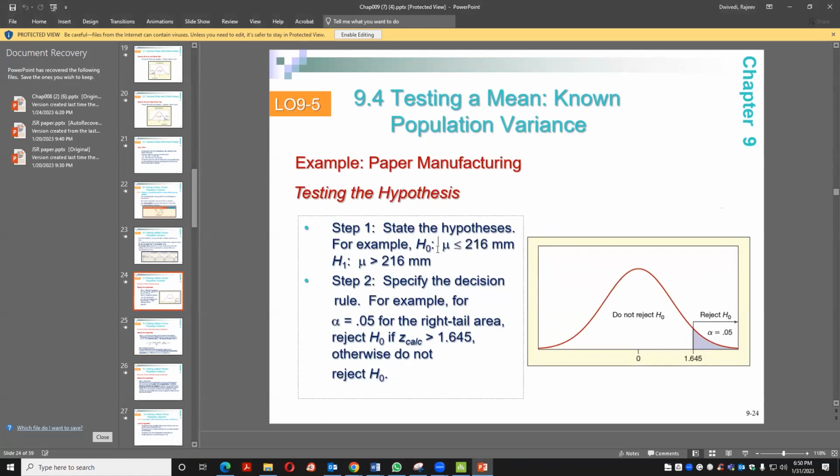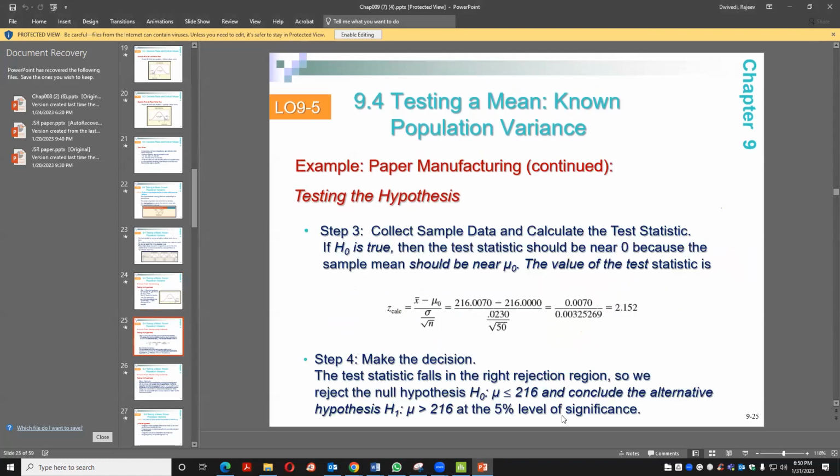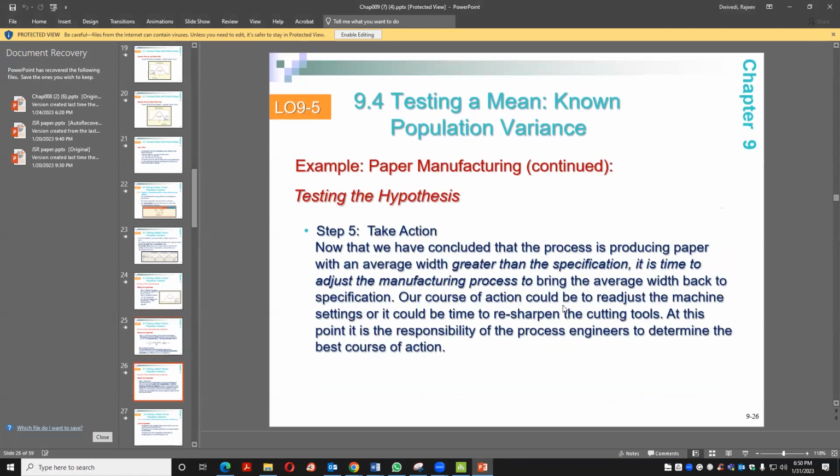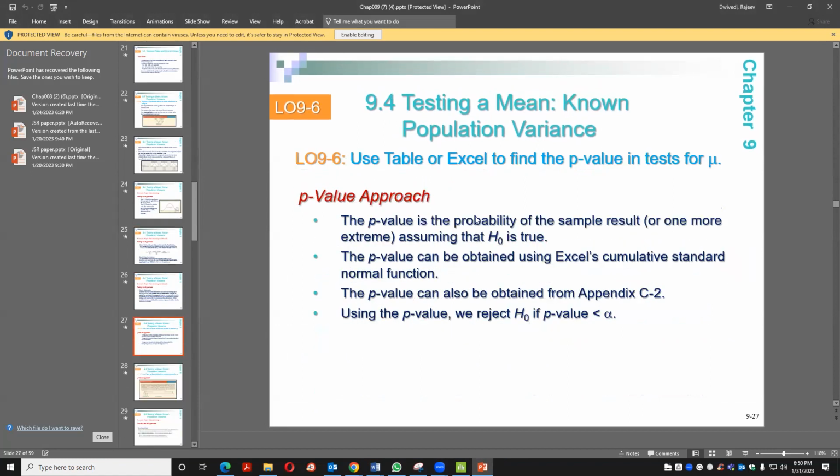Null hypothesis H0: mu less than or equal to 200, and the alternative is this. And keep going, calculating, and making a decision. So the p-value approach, I already explained. If the p-value is greater than the alpha value, the null hypothesis is accepted, or in technical words, we fail to reject the null hypothesis.